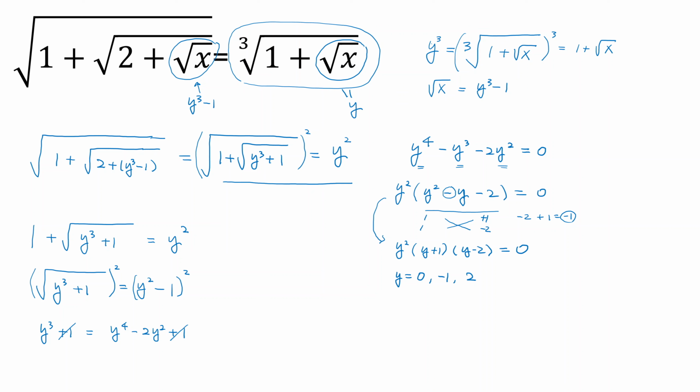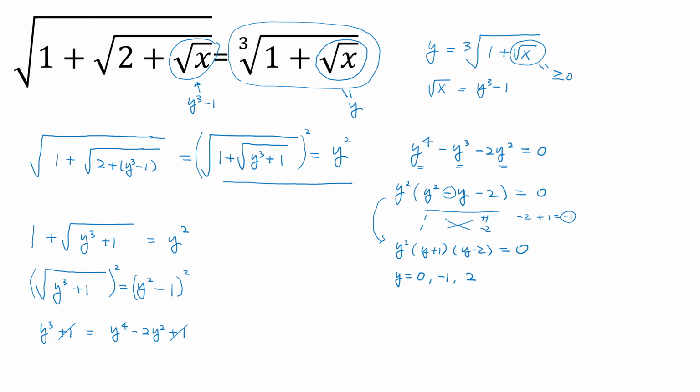To check it, you may want to go back to the definition of y here. Your y was the third root of 1 plus square root of x. The minimum value of radical x is 0. That is, square root of x should be equal to or greater than 0.